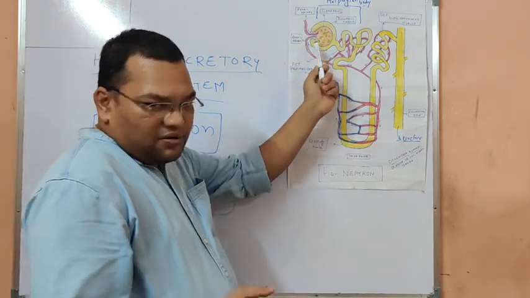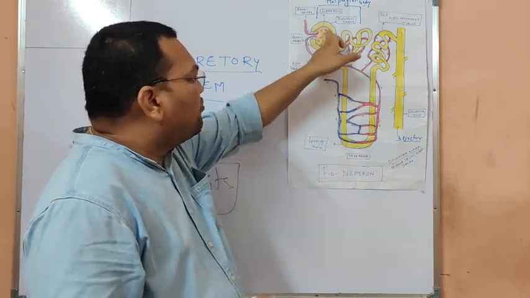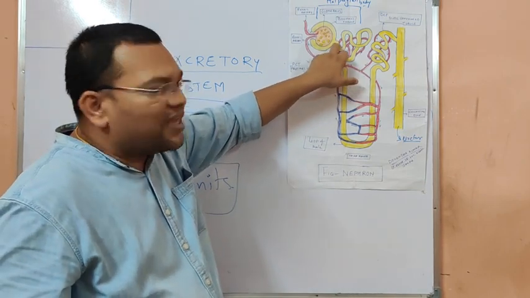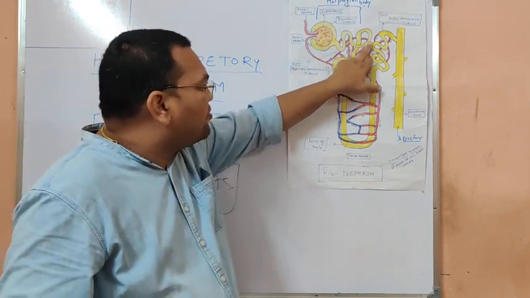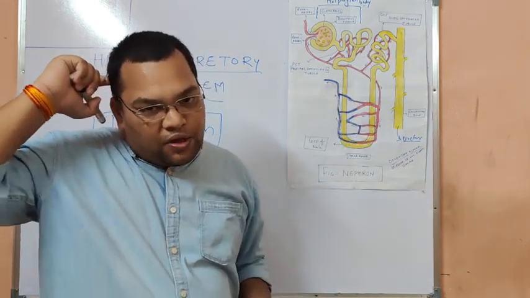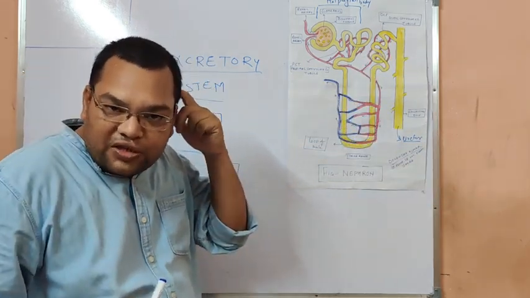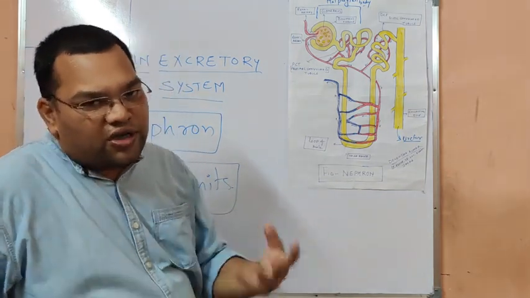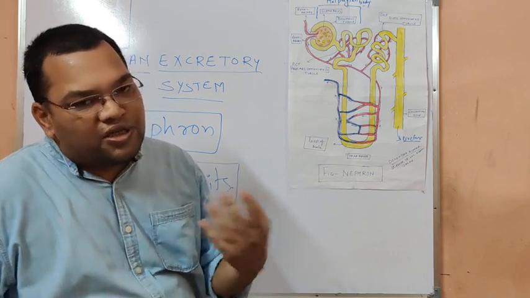Many times so much water comes into the Bowman's capsule, and from the Bowman's capsule it comes into this tubular portion. So the function of the tubular portion is the reabsorption of water, because so much water comes in the filtrate.